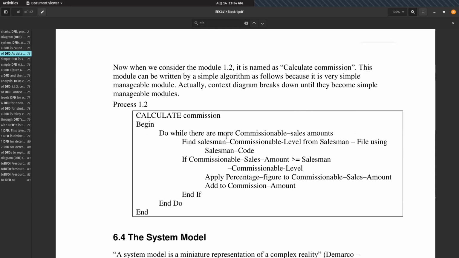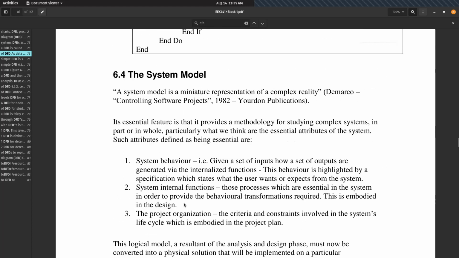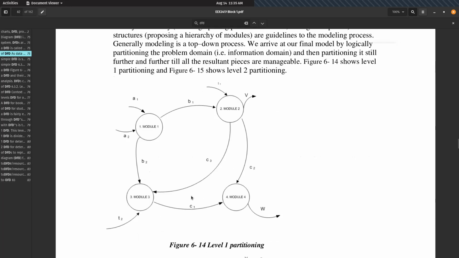You have to design software code for simple programs, and the collection of all these programs becomes a large system. Calculate commission will become very easy to manage, and then you can implement it as a software program.